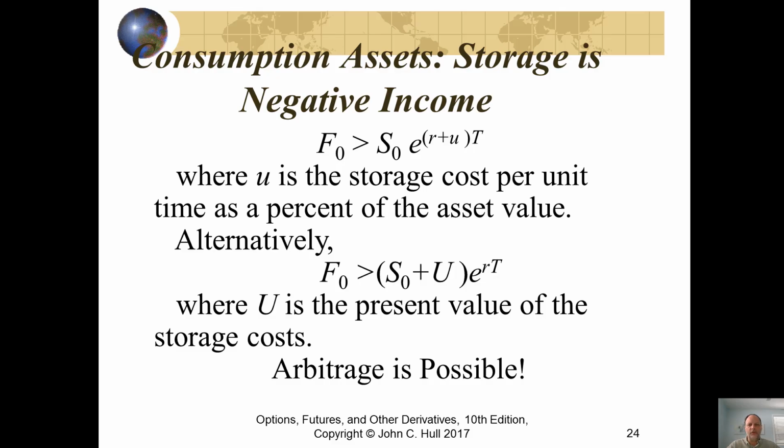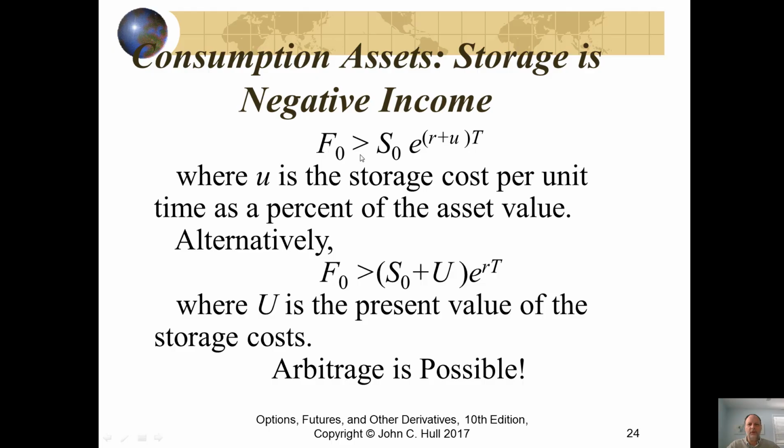First, we will look at the situation where the future forward price is greater than the spot price e to the R plus U T. Well, under these circumstances, the arbitrage would be to short the future, which we can do, to buy the underlying commodity, which we can do, and to purchase it by borrowing at the risk-free rate R, and then also paying the storage costs U. So under these circumstances, an arbitrage is possible.